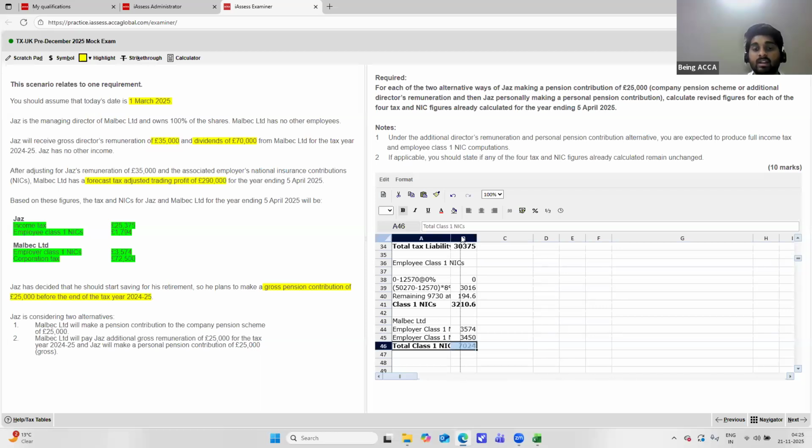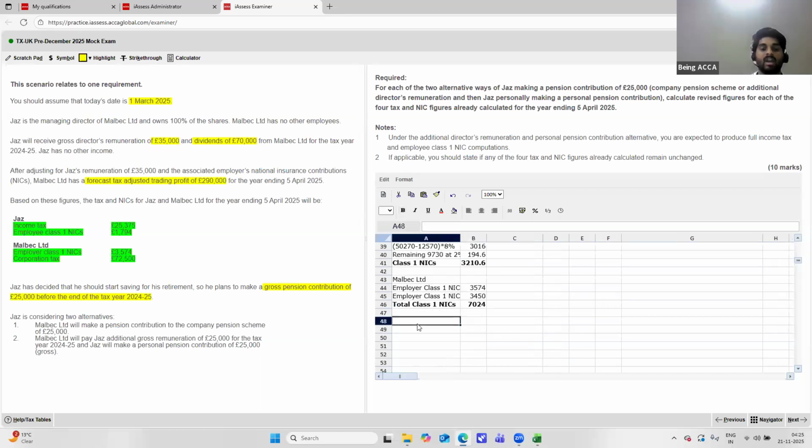Now it is time to calculate corporation tax for Malbec Limited. How do we calculate corporation tax? In a very simplistic manner, we will be calculating this.